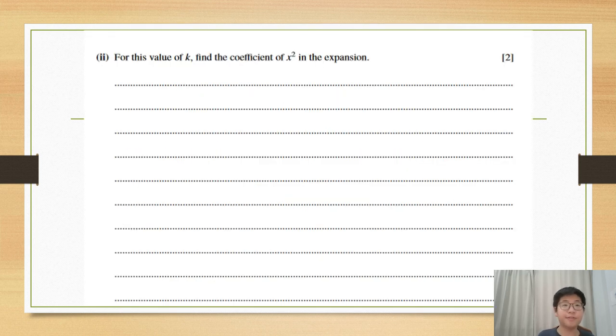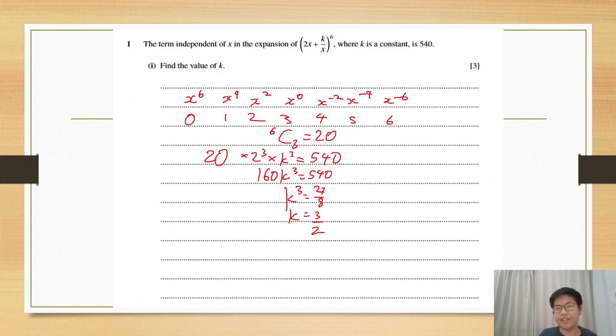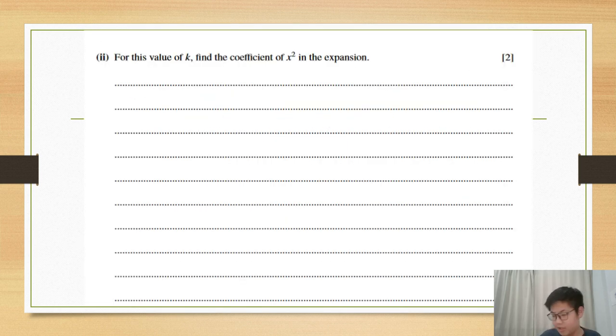Then, for this value of k, find the coefficient of x squared. We've already seen that the x squared is more like the second term, so 6 choose 2 equals 15. So 2x to the power of 4 times k over x squared times 15 equals ax squared.